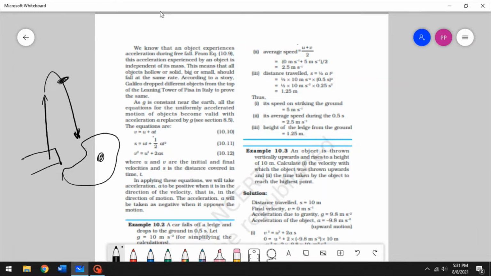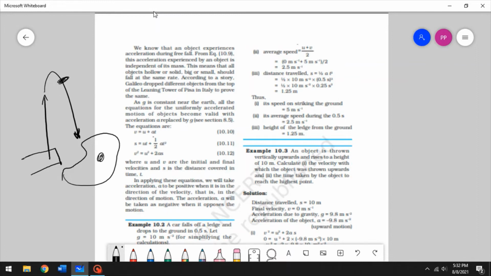That freely falling bodies accumulate acceleration and they experience acceleration during free fall. All right. So this acceleration is independent of its mass, whether it's a very heavy cartoon character or a very light cartoon character. It doesn't matter. What matters is that the object experiences acceleration during free fall.